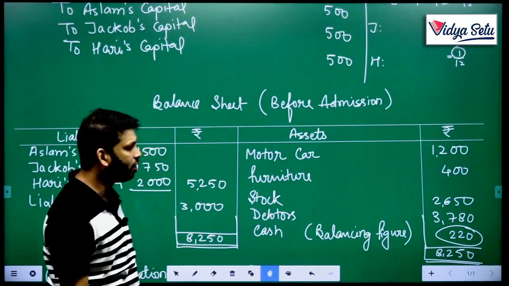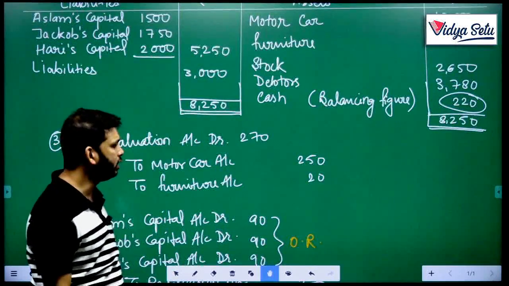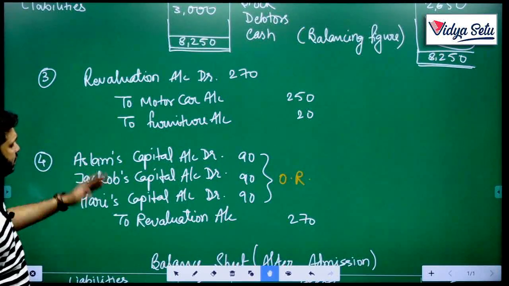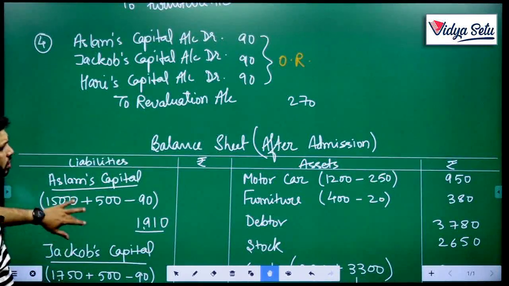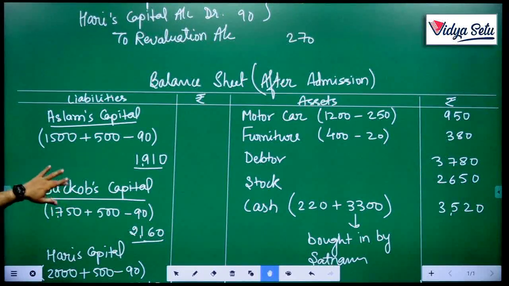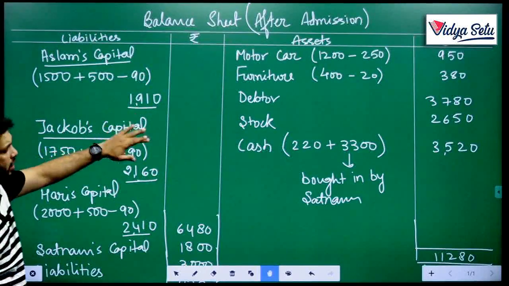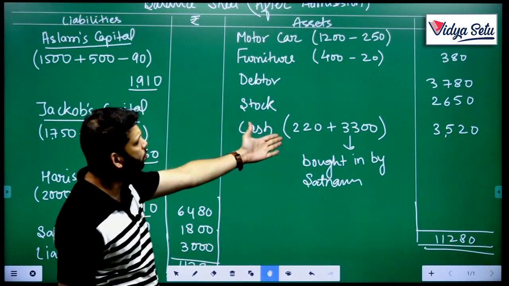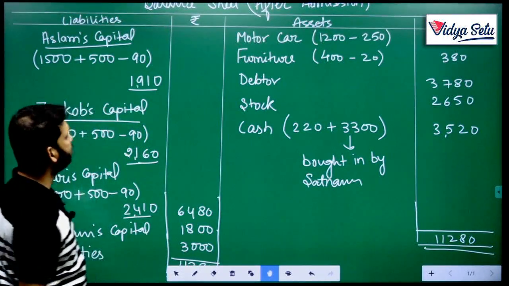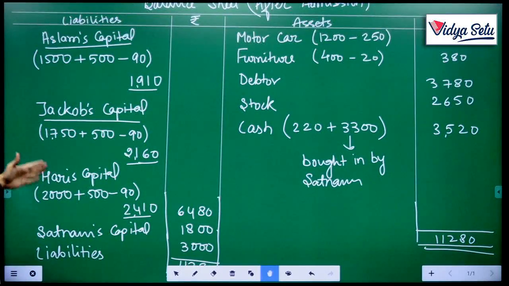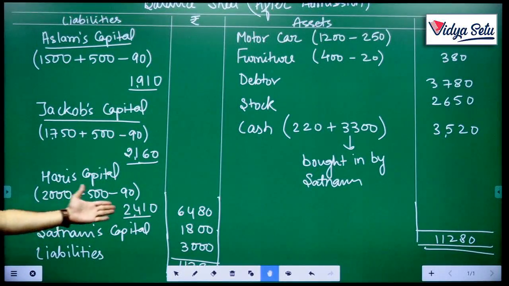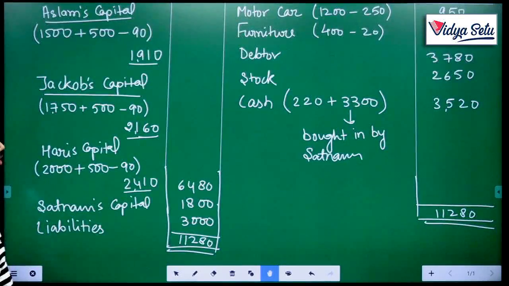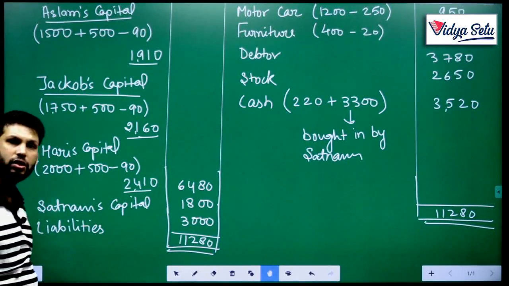So we found that out, that was 220. And then we revalued the assets and distributed the loss on revaluation. After that, we made the new balance sheet by revaluing everything: the assets which got revalued, the cash opening plus whatever more cash came in the business, the adjustments in capital accounts, and Satnam is also written, and the balance sheet, outside liability, and the balance sheet got tallied.